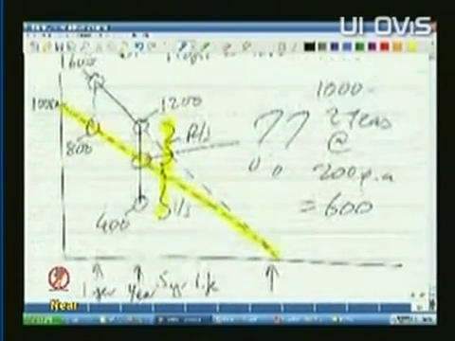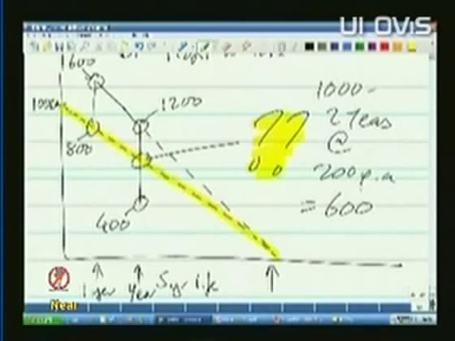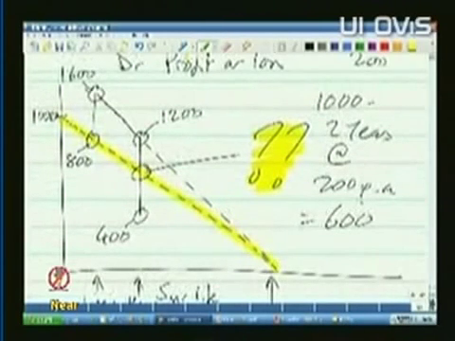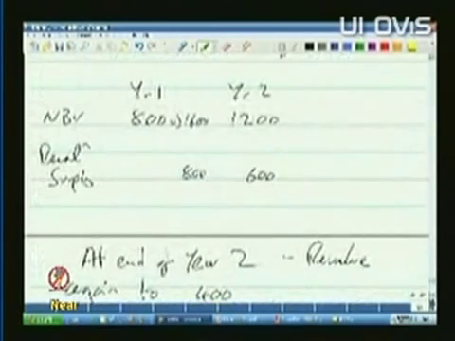So the key thing really in this graph is that we have identified what this number here is. Okay? By working out that that was 600, that then made it so that we were able to calculate how much goes to the revaluation surplus and how much goes to the income statement. And you will notice that the revaluation surplus actually had a balance on it of 600.